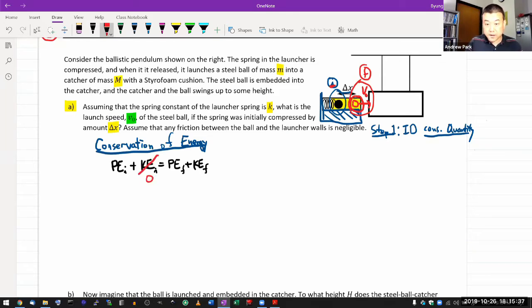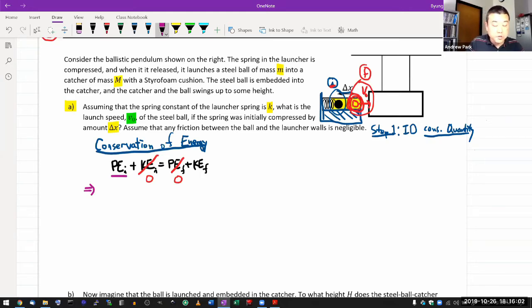You can identify here that as the ball is fired, the spring is back to equilibrium length, so the spring potential energy should be 0. So I am crossing it out, but it's good to start out with those expressions written in so that you don't accidentally forget something. With those simplifications, I can write a more specific expression.